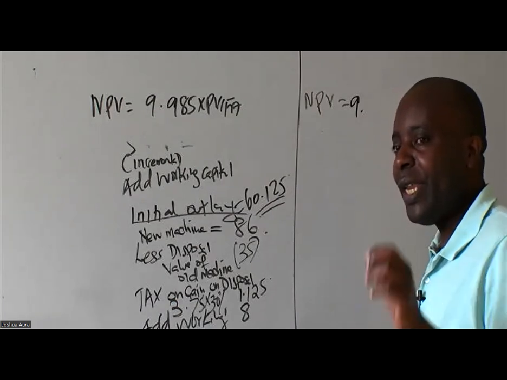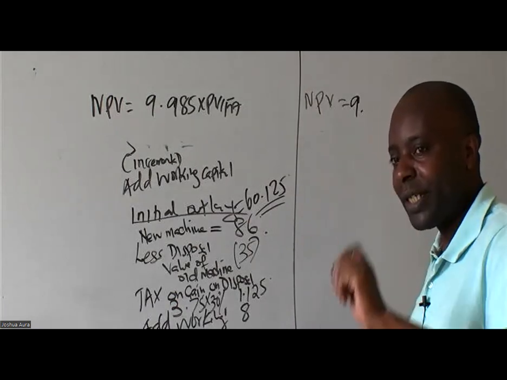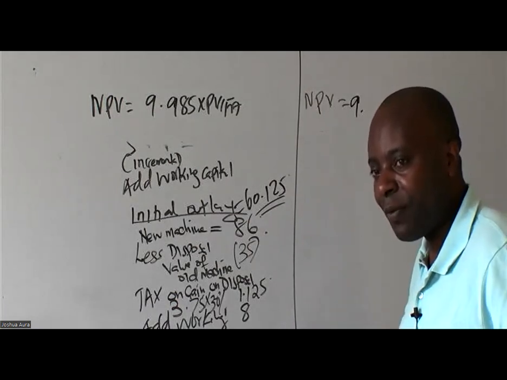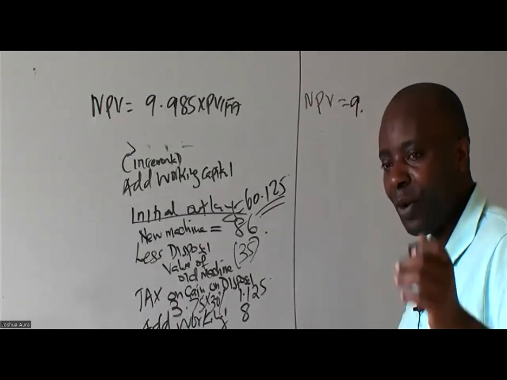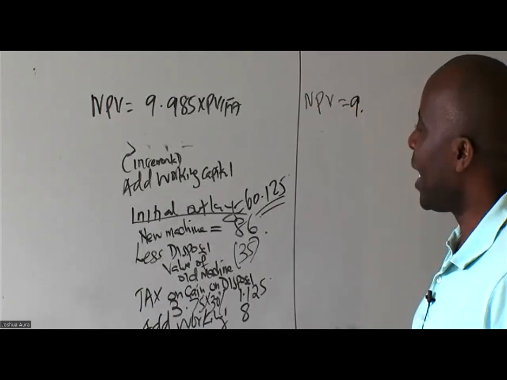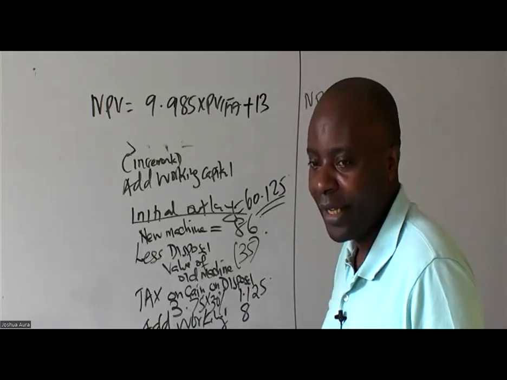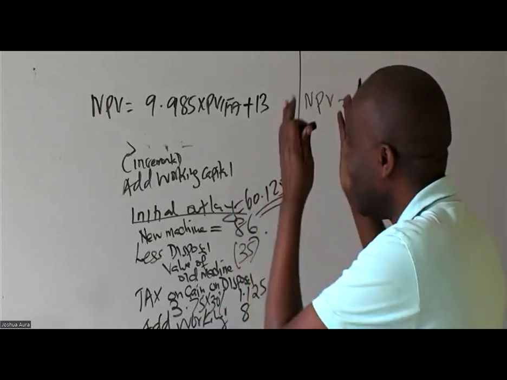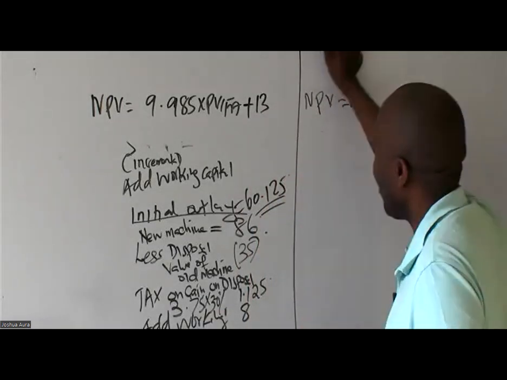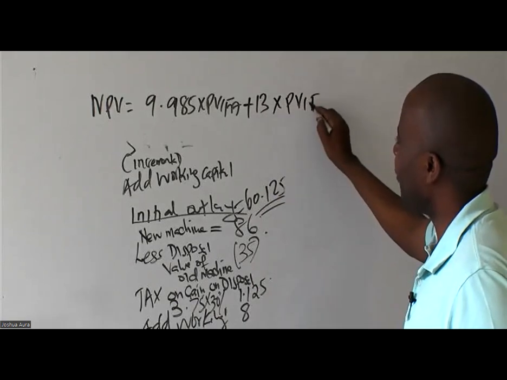Yes, we do. There is a cash flow we call the terminal benefit. And terminal benefit, if I remember very well, somebody had given me a figure of 13. Yeah, 13. And this is a one-off figure that I need to multiply with the PV, right?